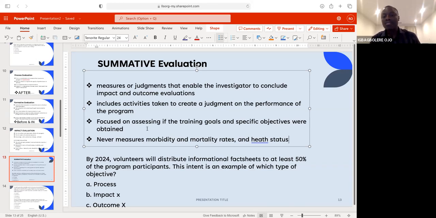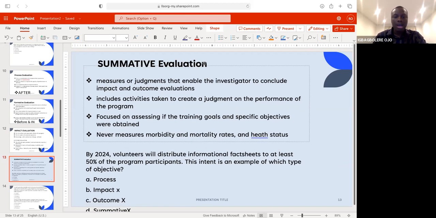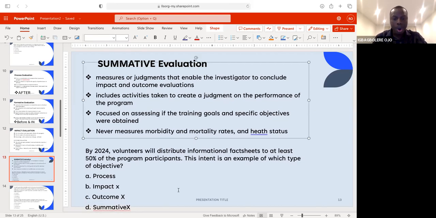So in this case, it may not necessarily be focusing on mobility and all of those things. It's focused more on training goals, all right? So let's look at a few questions as we quietly move to the end of evaluations.